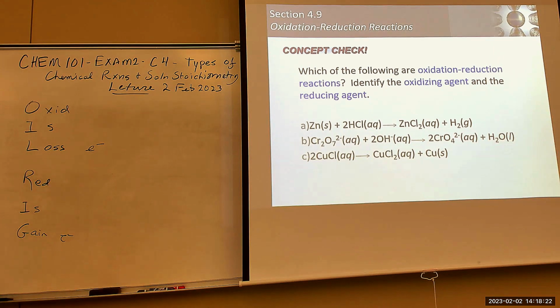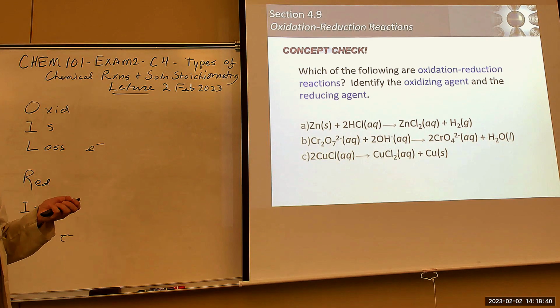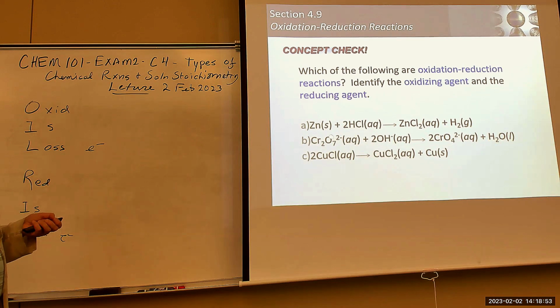So, there's a trick, and this is a good example. When you have an element right here on one side of the equation and it ends up in a compound like this, that's an oxidation reduction reaction. Why? Because this one's zero and that one has to balance a charge against the chlorine. So it's got to be a change in oxidation state. This one we'd have to calculate.